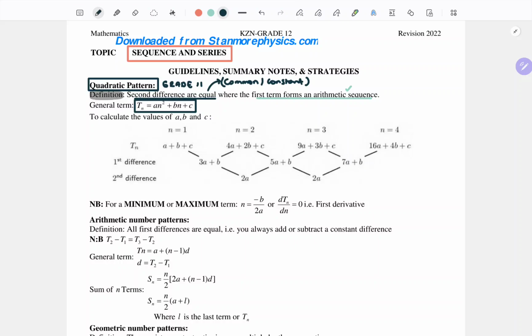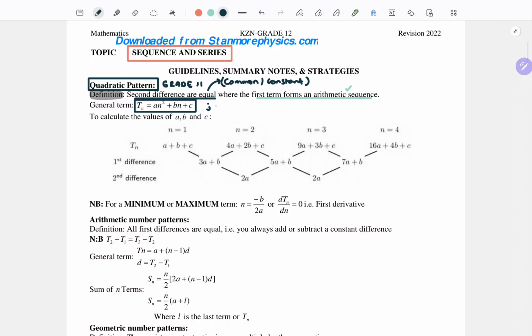This is similar to our quadratic function f of x equals ax squared plus bx plus c, so the properties of a quadratic function may be used here, but with caution, because there are heavy restrictions.